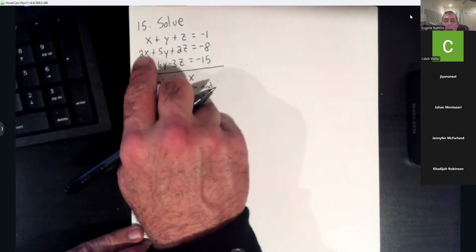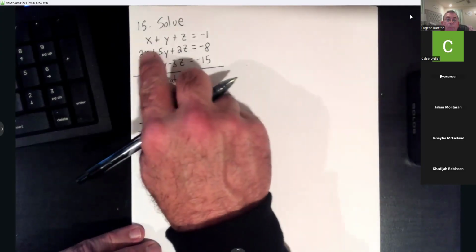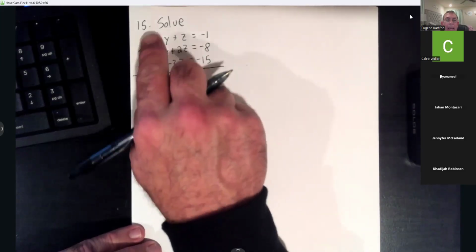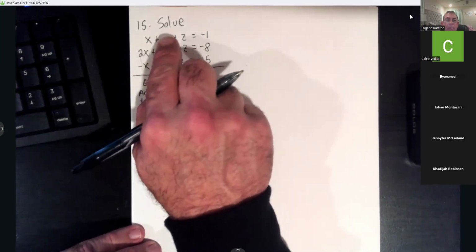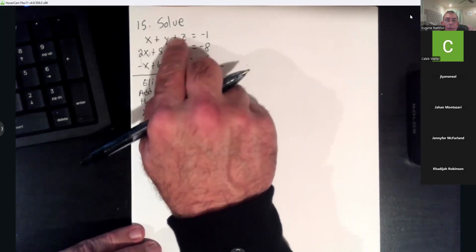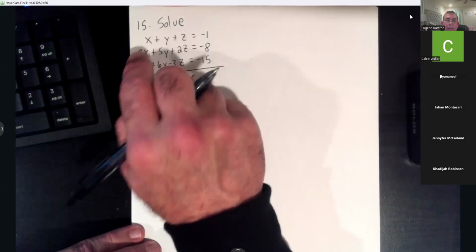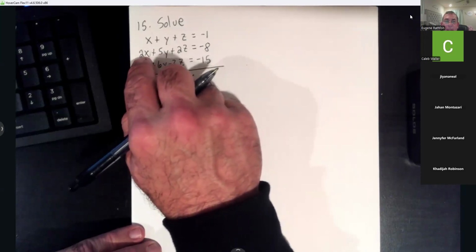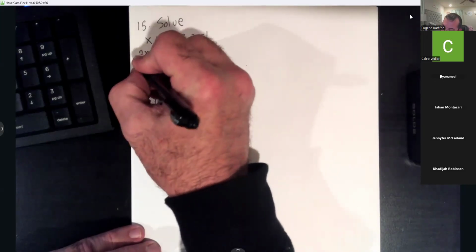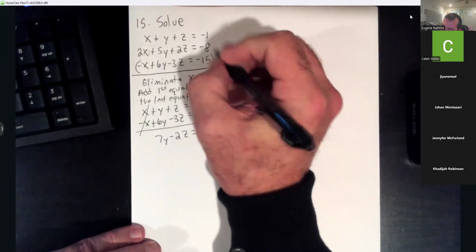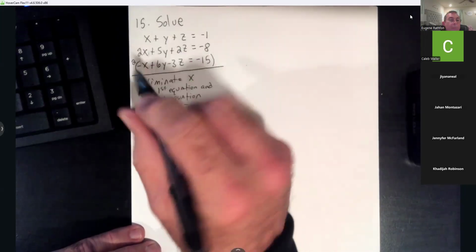Now, no matter what, we got to use the middle row and add to one of the others. But I'm going to have to change one of the others if I'm going to cancel them x's. So since that one's got a positive 2x, I'm going to take this third equation and multiply everybody by 2.